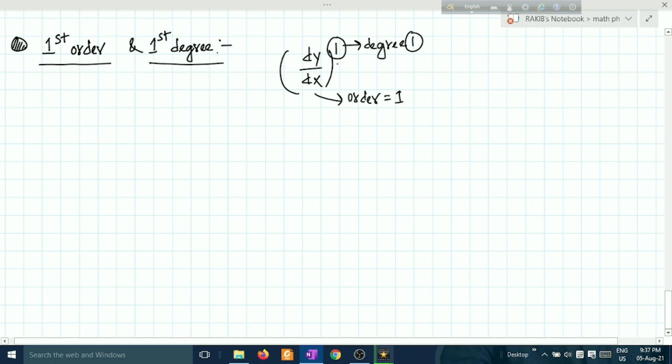So for solving first order, first degree differential equations, we have various methods.